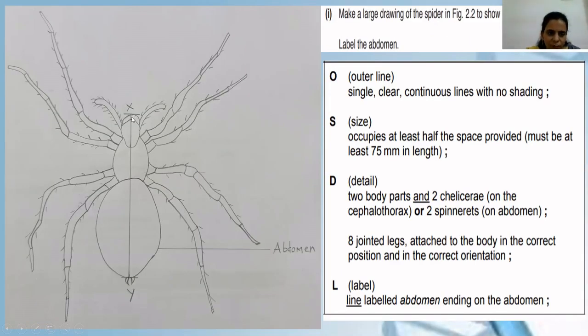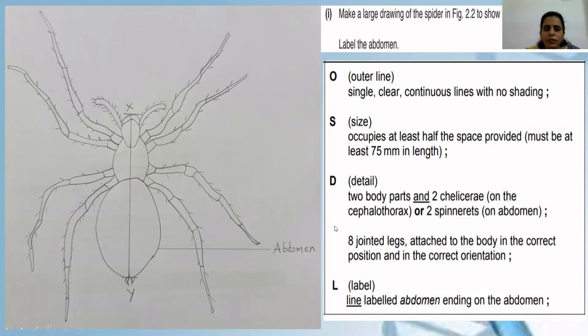When you're drawing the diagram, this length X to Y should be at least 75 millimeters. It should not be less than that. So for size, it's perfect, and the person will be awarded 1 mark.